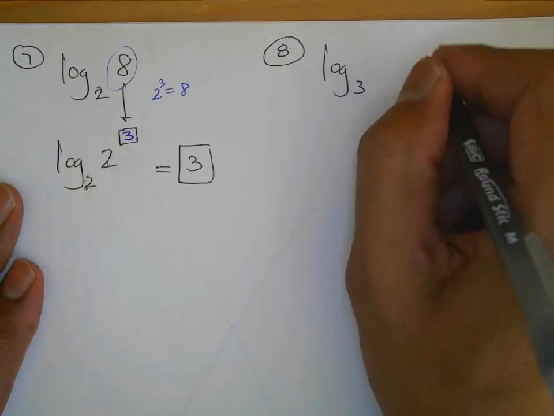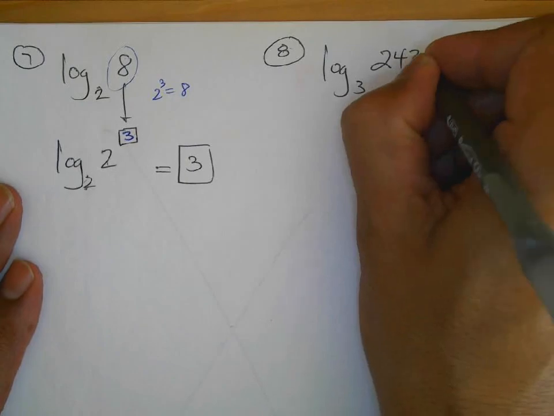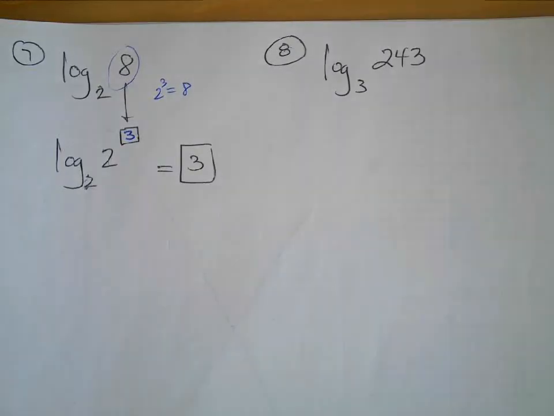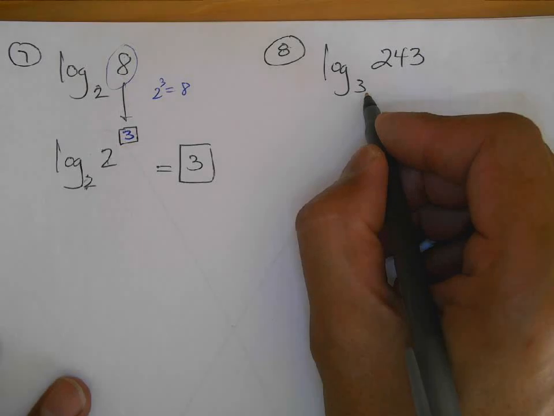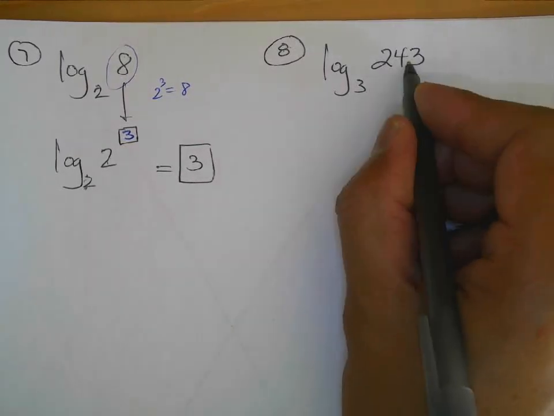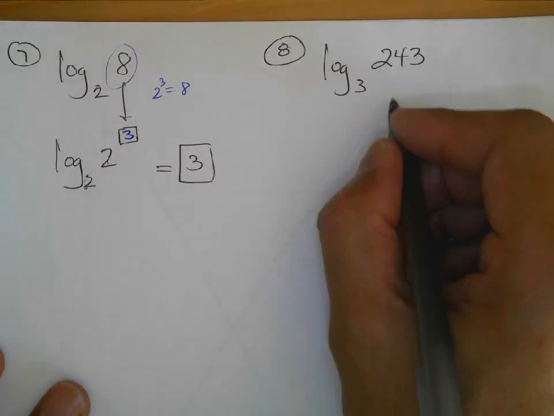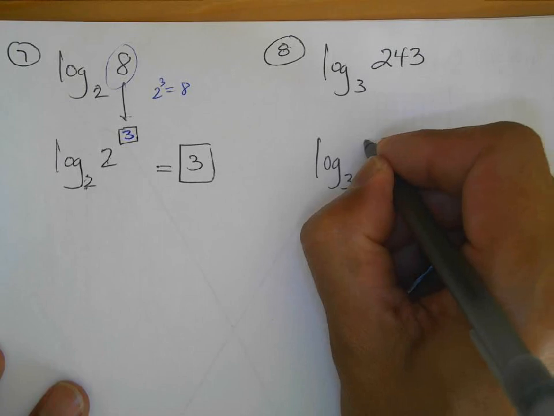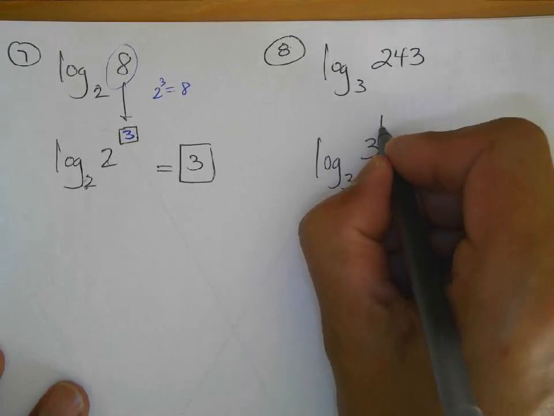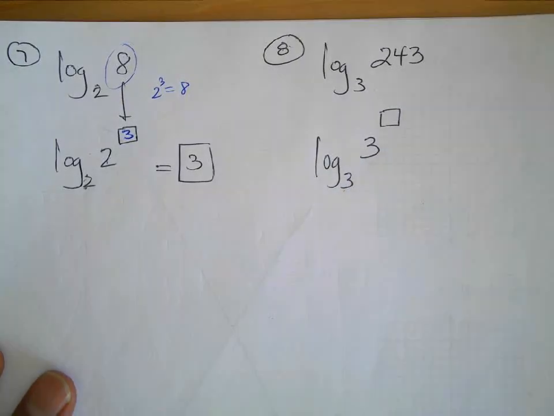Log base 3 of 243. Well, if the base is 3, that means this 243 has to be 3 also, but to what power?